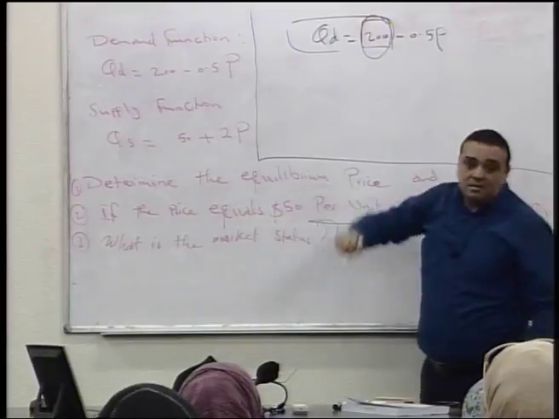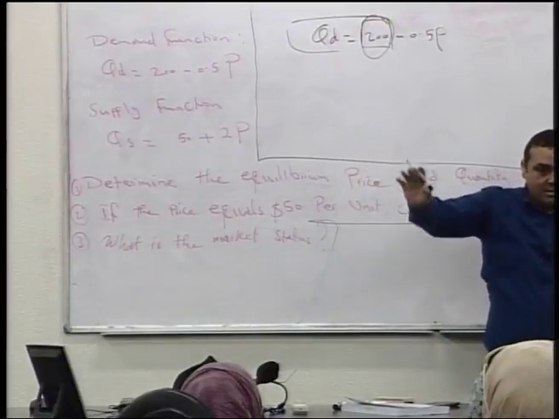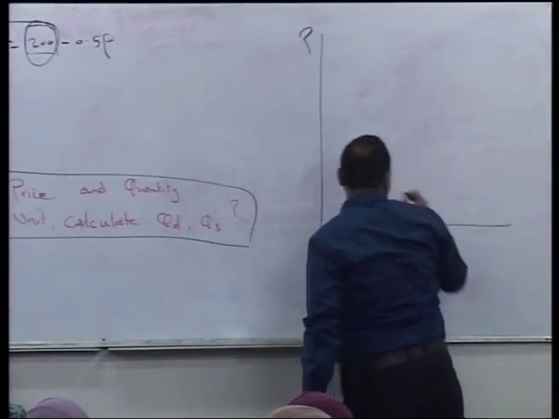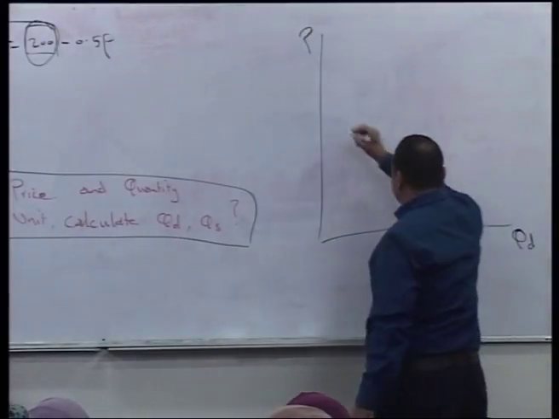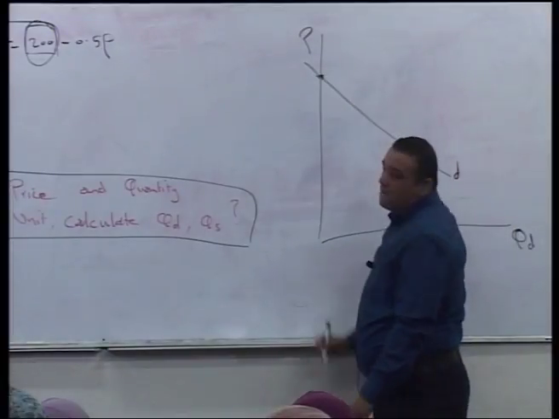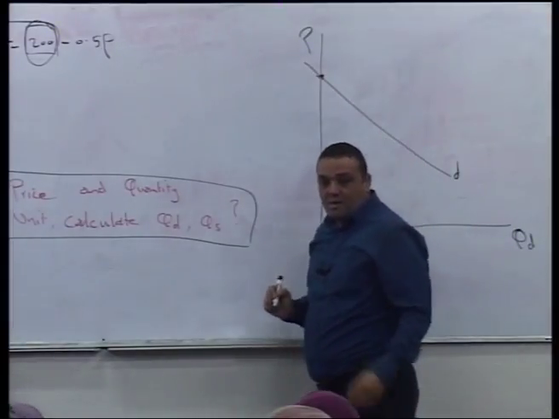200 means the intercept in the demand function. This is the intercept.